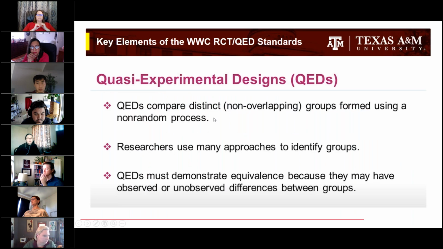So a quasi-experimental design, or QED, does not use a random process, so researchers may use different approaches to identify groups. According to WWC, QEDs must demonstrate equivalence because there may be observed or unobserved differences between groups before the intervention starts.